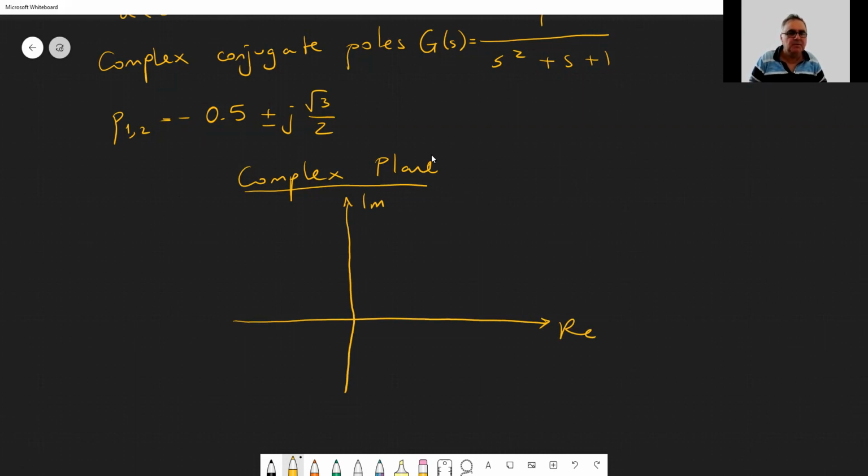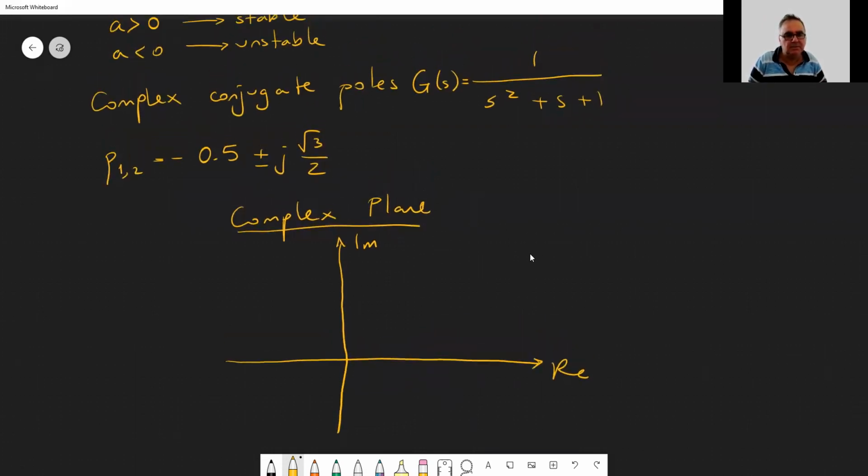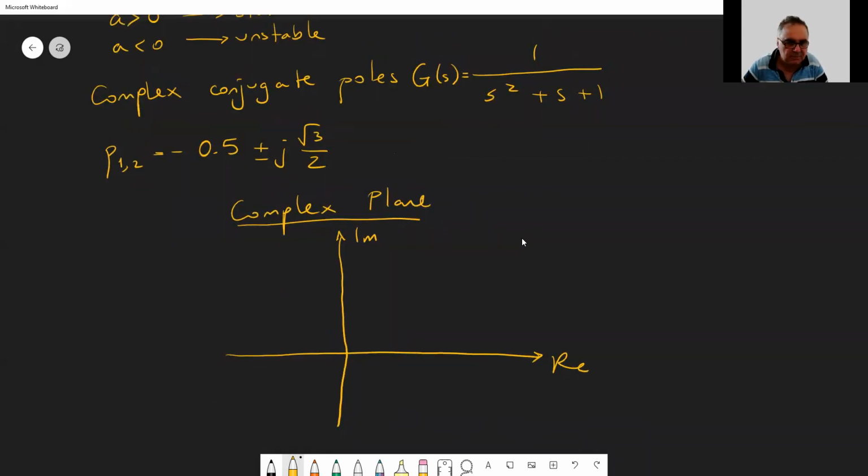For example, if A is here, we can put a minus A pole here. By the way, we show that this cross sign means the poles, and this small circle means the zeros of a system.